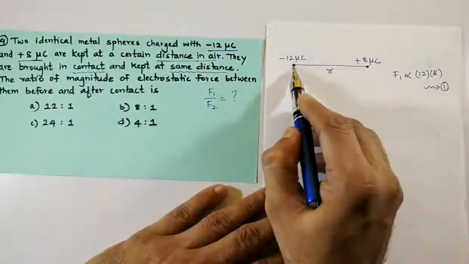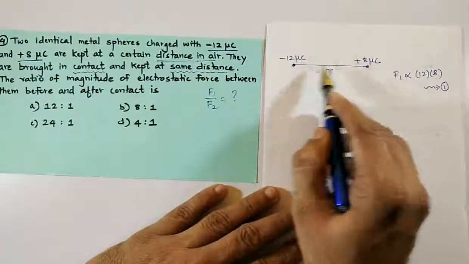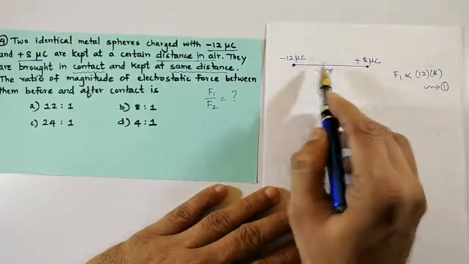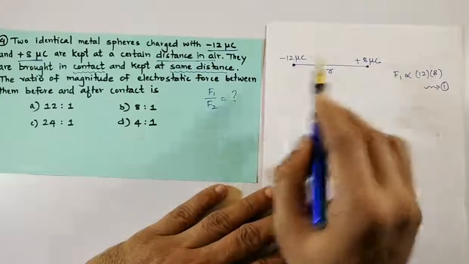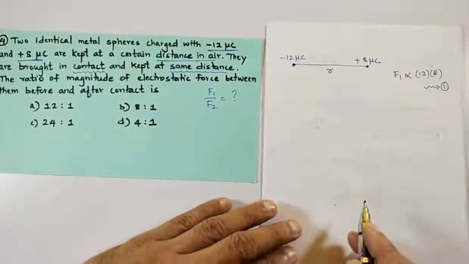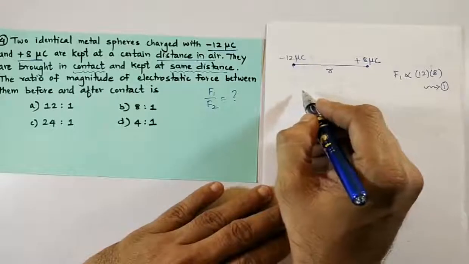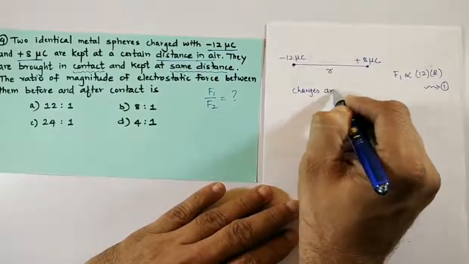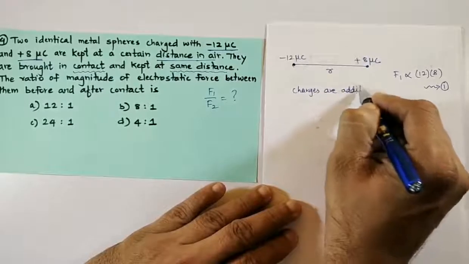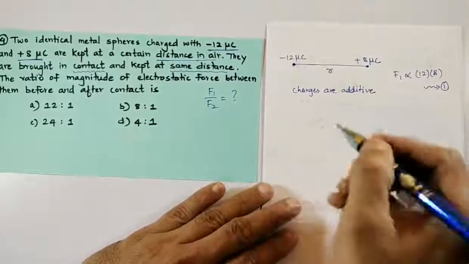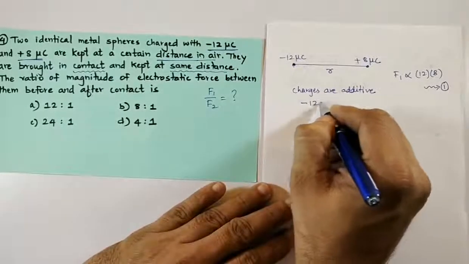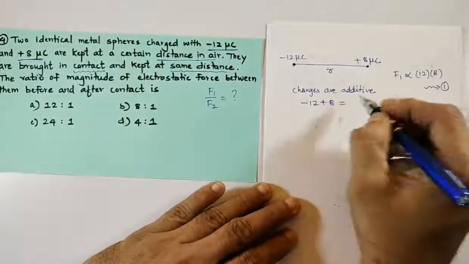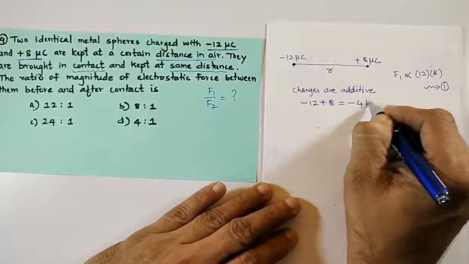Now when these two are brought in contact, when you touch these two charges, there will be redistribution of charge. You might have studied that charges are additive in nature. So you will have minus 12 plus 8 is equal to minus 4 microcoulomb.